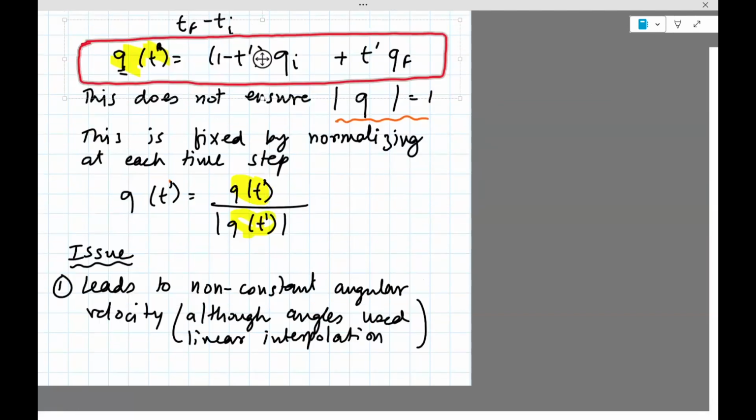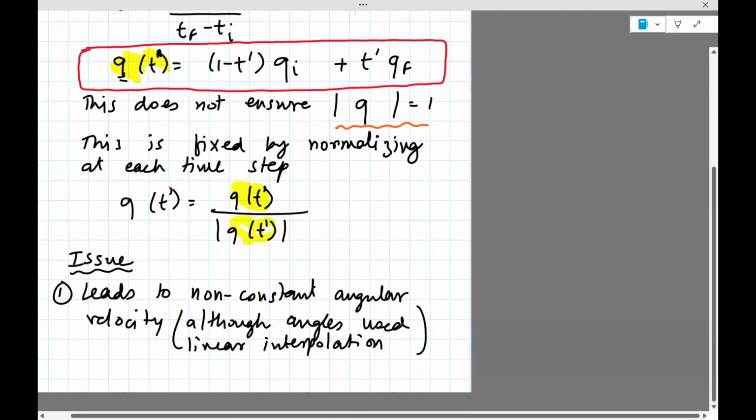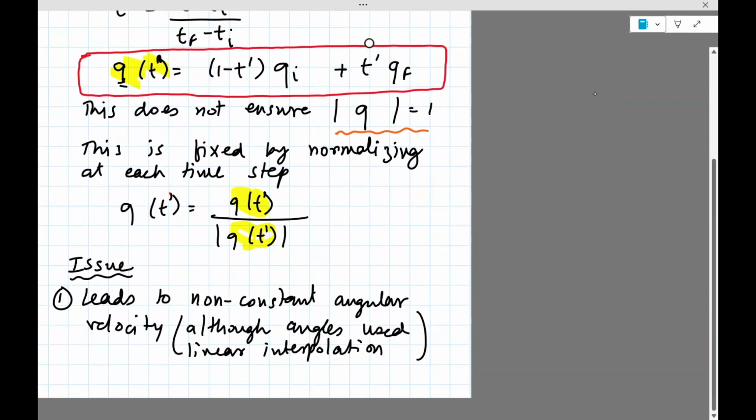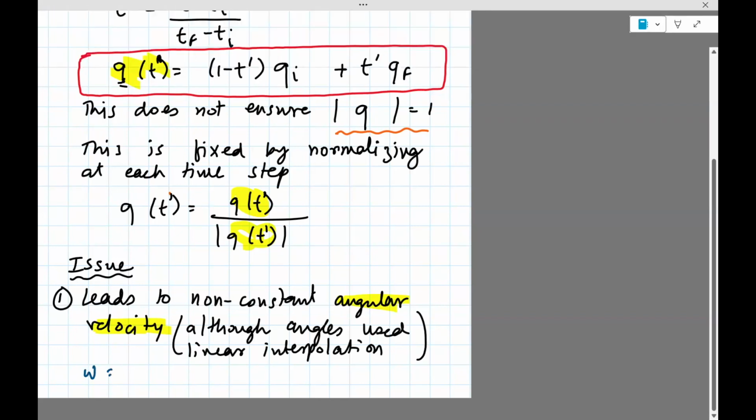Why is that important? Well, if you take the derivative of this Q and you get the quaternion dot, you expected that this is supposed to be constant, right? Because it's a linear function of time. But when you actually compute the angular velocity, which is different from the quaternion dot, you will see that it is non-constant. There's a relation between omega and Q, right? It is like Q dot Q bar.